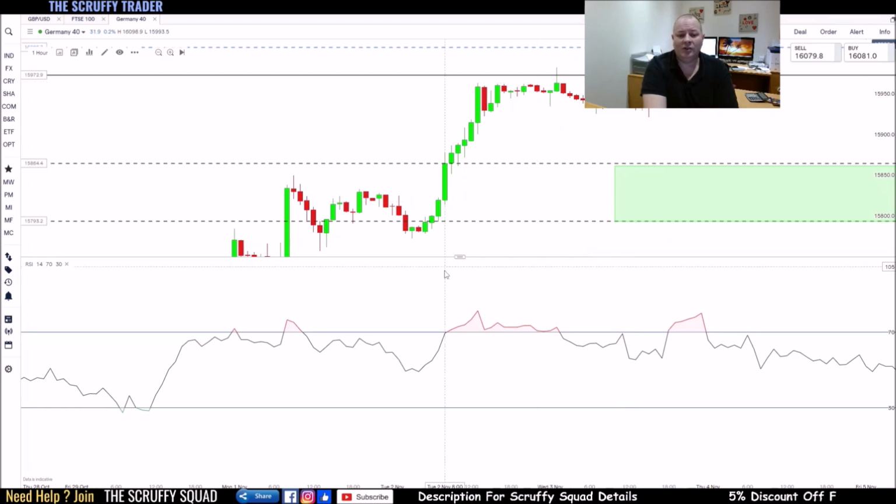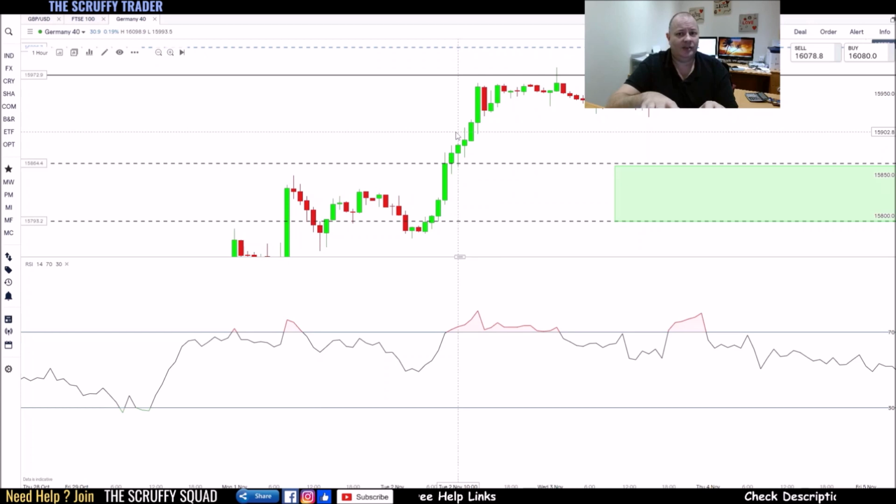So at this instance, what you would be saying, if you were entering the market at this point and you've got a strong level above it, and this is in the red, we know price gravitates to levels. If you get your levels right, and that is one of the key things that you need to do, and if you ever speak to any of the guys in the Scruffy squad, they will tell you I spend a lot of time getting my levels right.